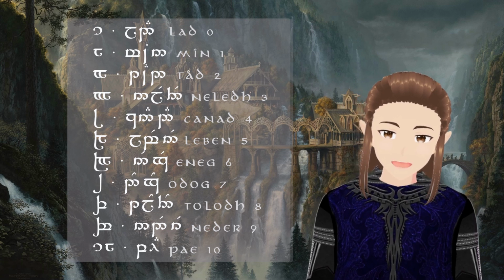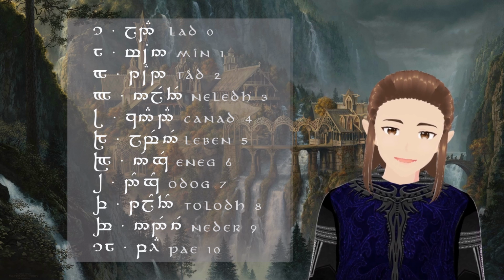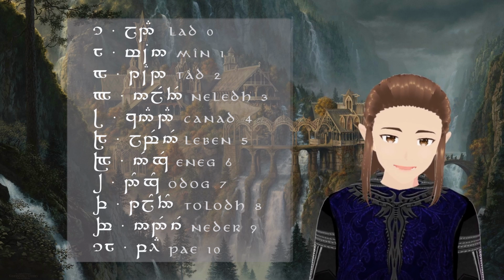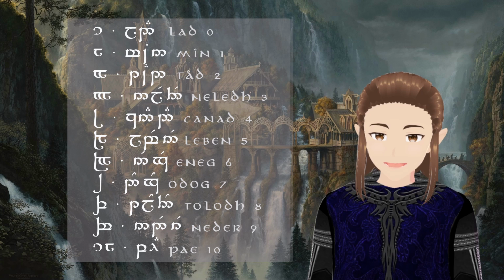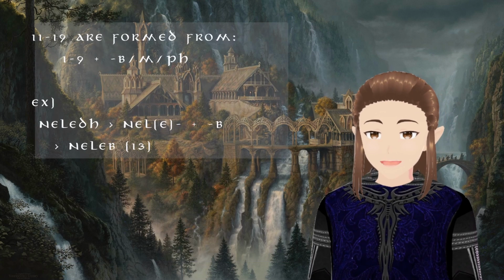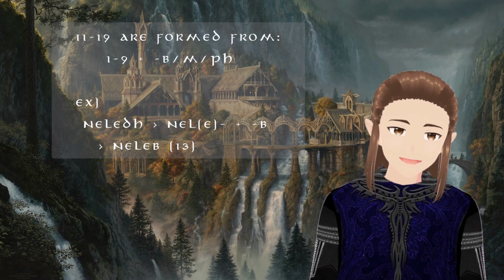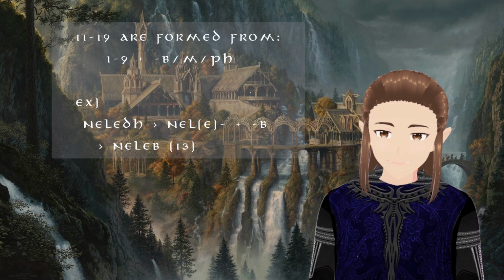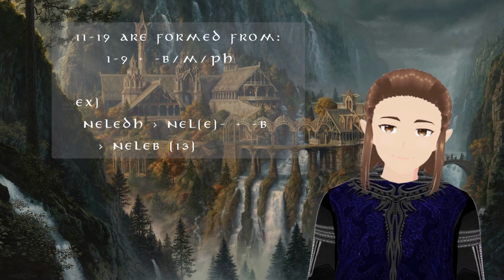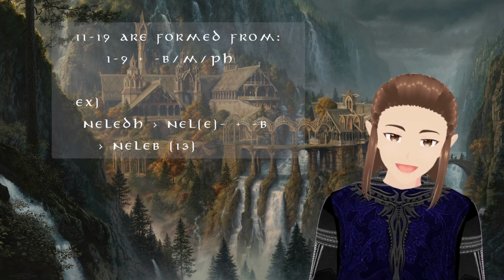It should be noted that when using Tengwar numerals, the least significant place value is placed on the left, while the most significant is placed on the right, as you can see with the number 10. For numbers 11 through 19, most numbers are formed through a combination of the numbers 1 through 9 and a suffix in the form of B, M, or PH, which likely came from the word for 10, pi.